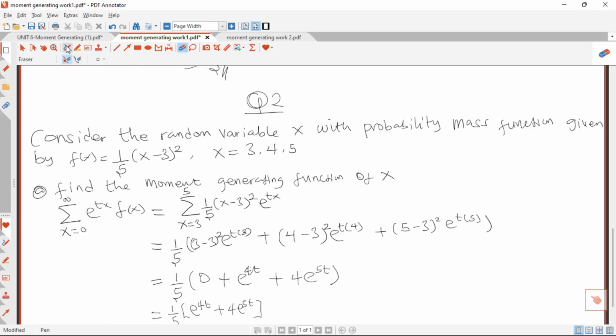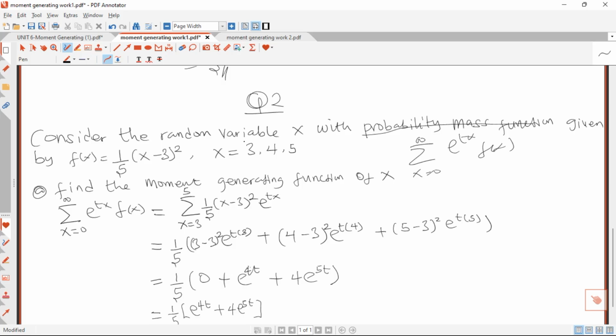We just learned in our previous video that for a discrete case, since the function was given as a probability mass function, x is being treated as a discrete random variable. So the moment generating function for that discrete case will be the summation over x of e raised to the power tx times f of x, right?